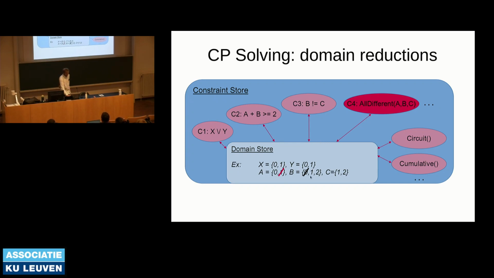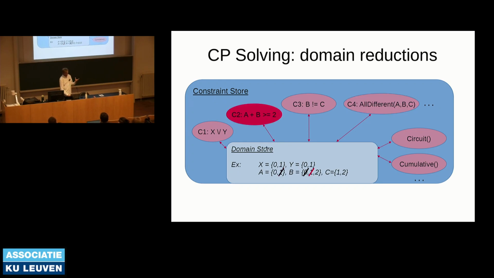B and C both have to take value 1 or 2. So the only one that can take value 0, and there are only 3 values possible, is A. The propagator, again, will do this type of reasoning and derive that A has to be 0, otherwise there is no solution.